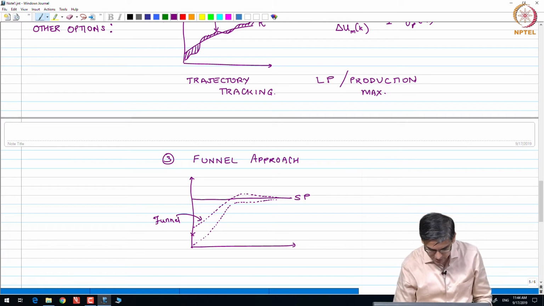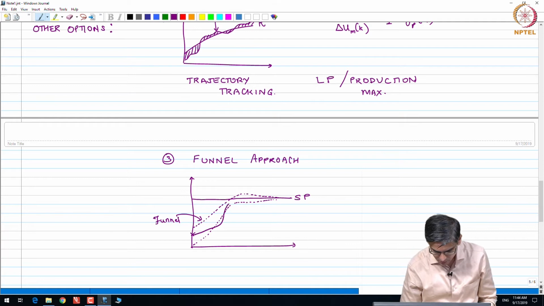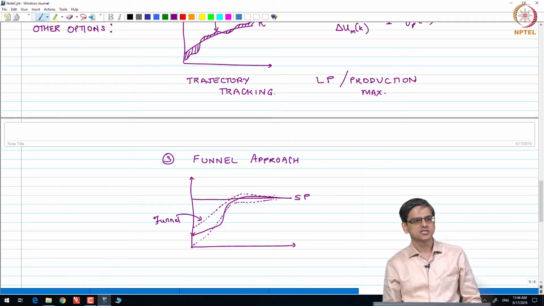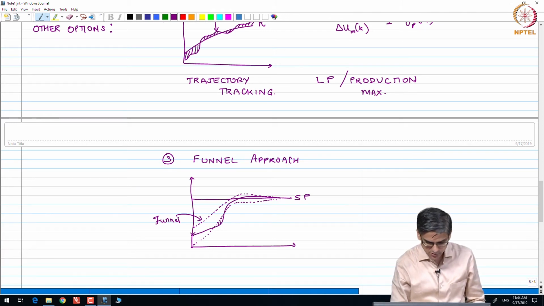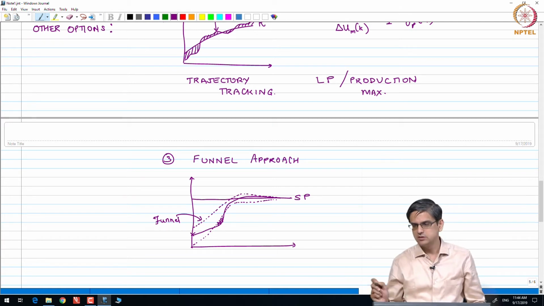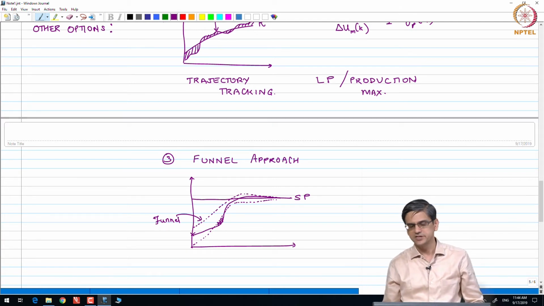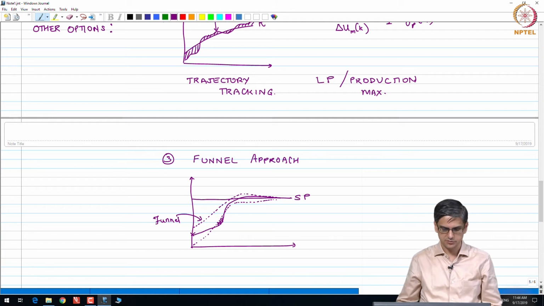Let us say your trajectory goes like this. As long as your trajectory is in the funnel, it is fine. As soon as the trajectory goes outside the funnel, you incur a cost. That is one more approach people use.